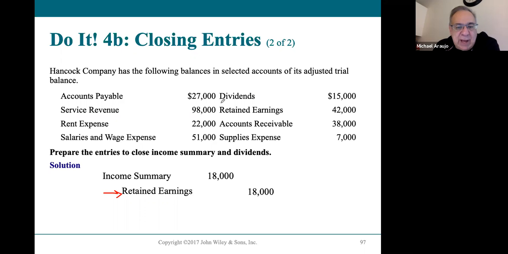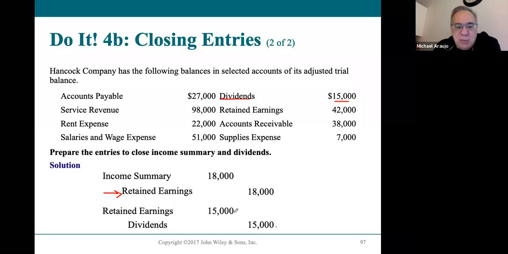The fourth step is closing the dividends account to retained earnings. Dividends we close on the credit side because this is sitting on the debit side. So that credit will equal 0. Both sides will be equal. And we move the dividends to retained earnings.